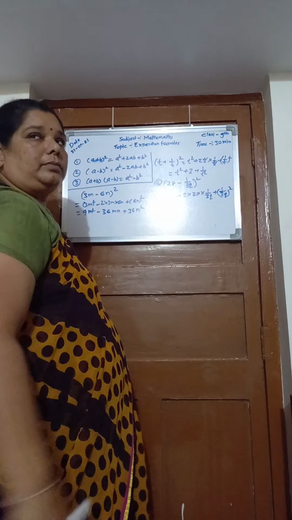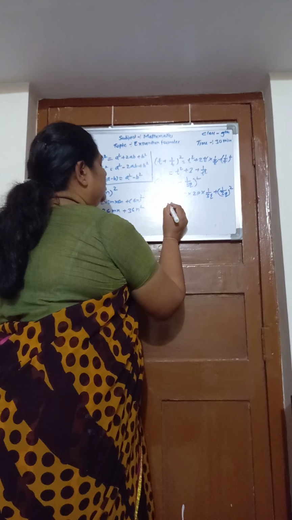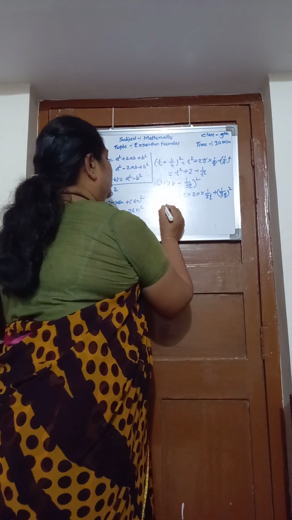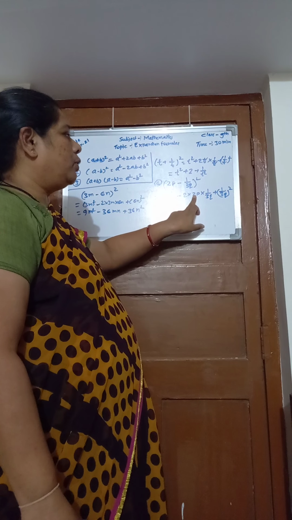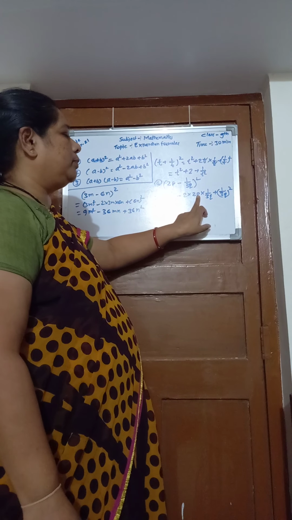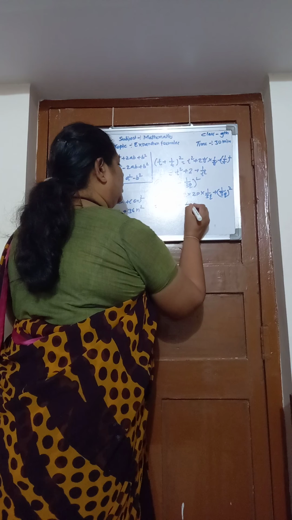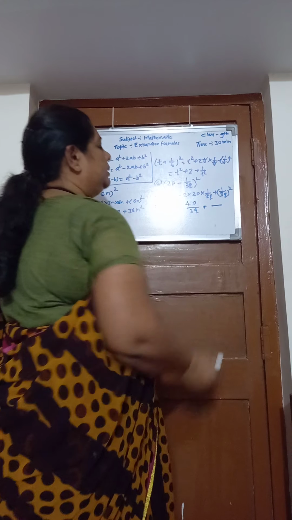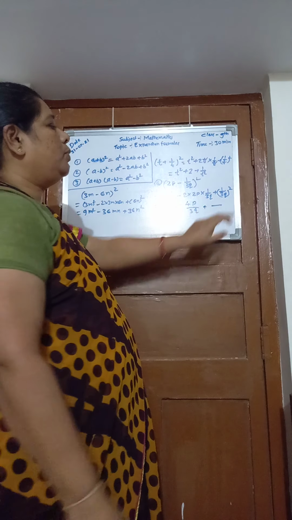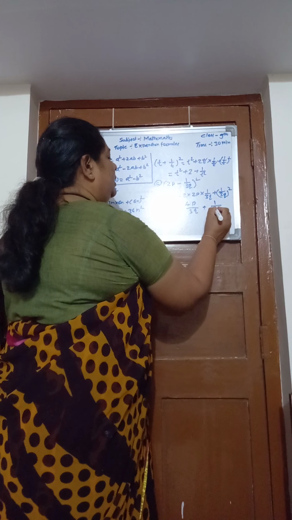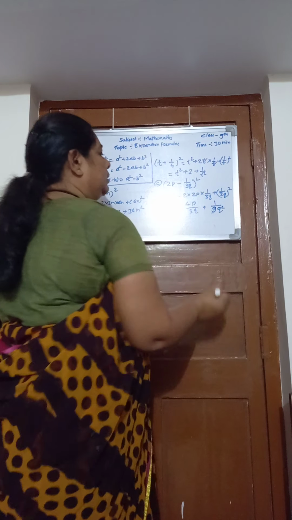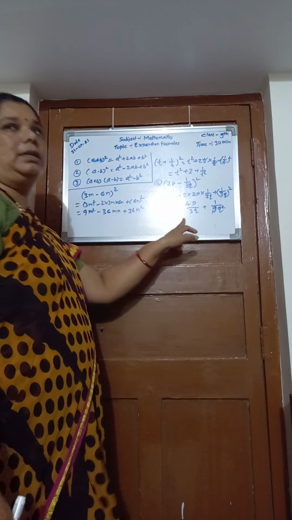That equals 4p square, since the square of 2 is 4, minus 2 into 2 is 4, so 4p by 3q, plus the square of 1 upon 3q. 1 square is 1, and 3 square is 9, so 1 upon 9q square. Okay, this is the answer.